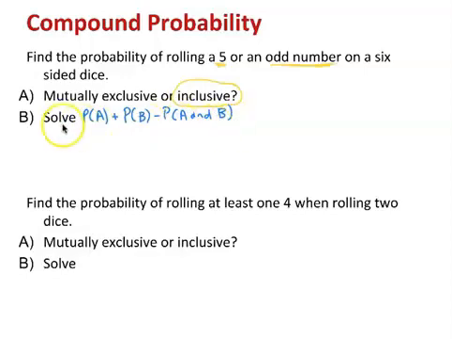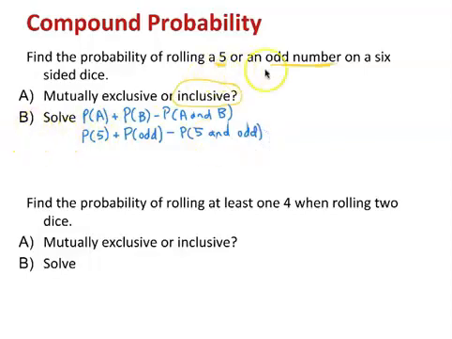Now let's apply it to this specific question. We're going to find the probability of rolling a 5, add to it the probability of rolling an odd number, and then subtract out the probability of rolling a 5 and an odd number.